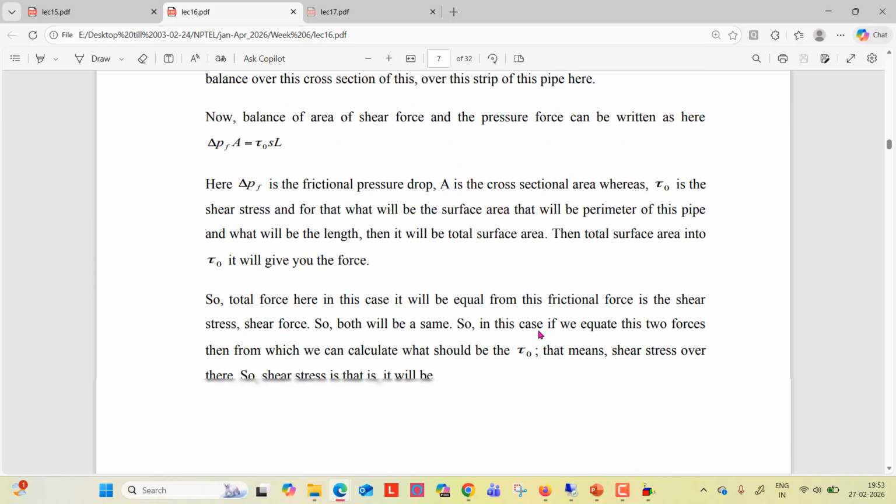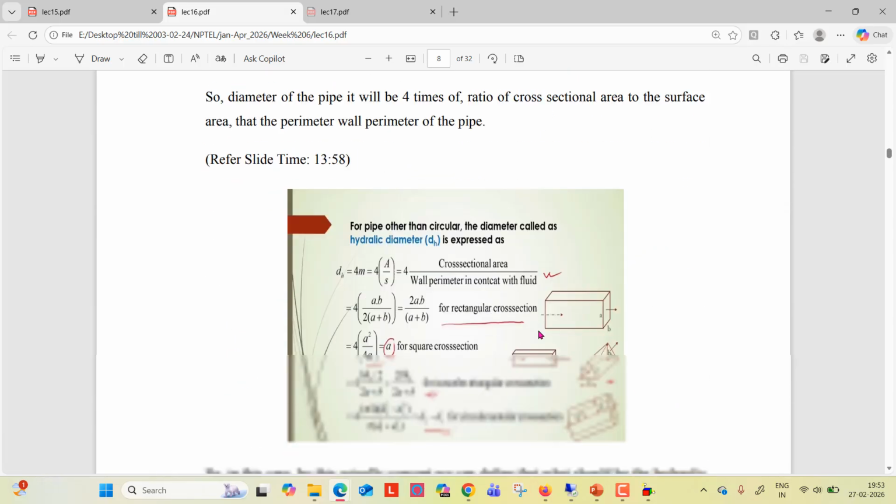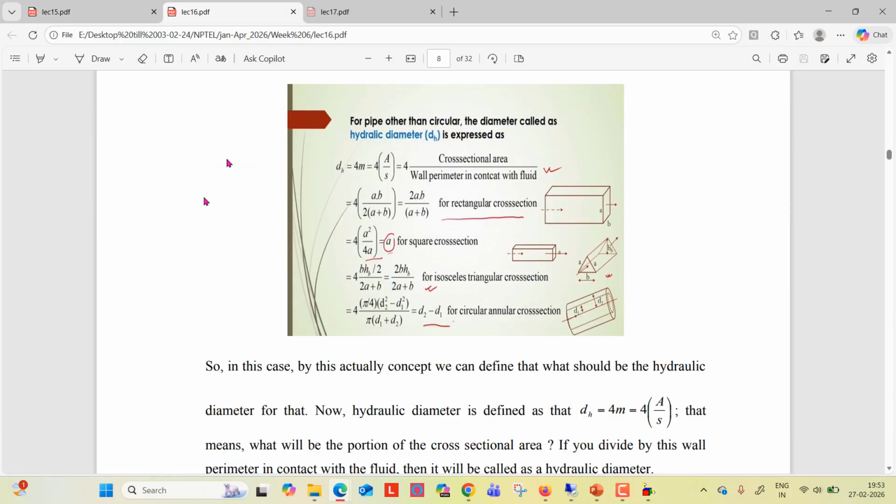So here, I will come to hydraulic diameter. How hydraulic diameter is defined: it is 4 into cross-sectional area by wetted perimeter in contact, right?